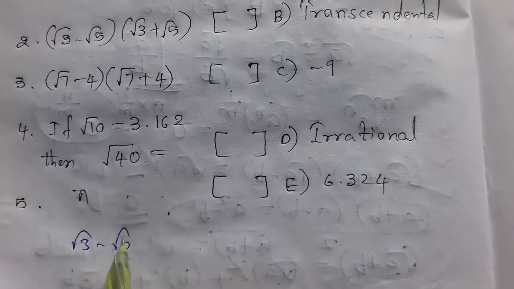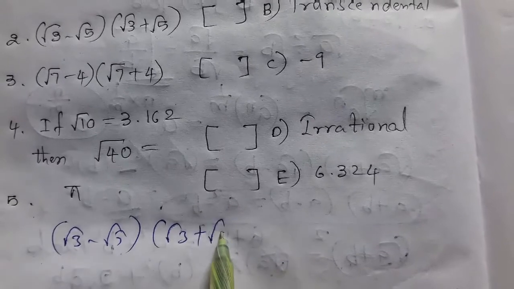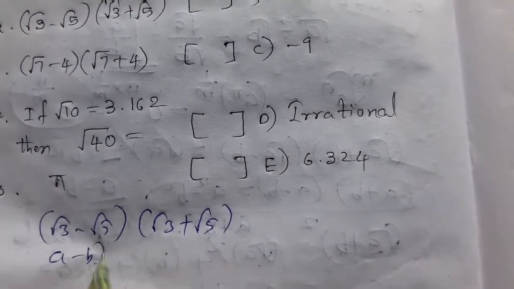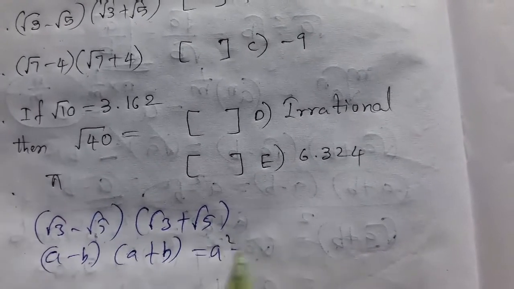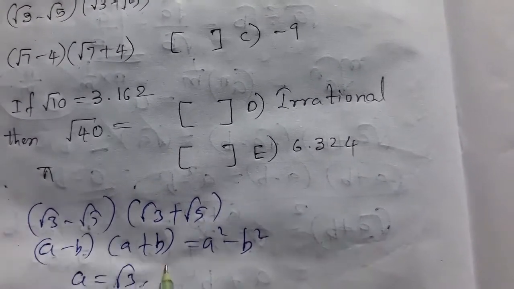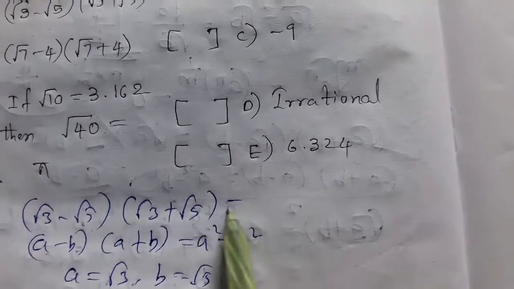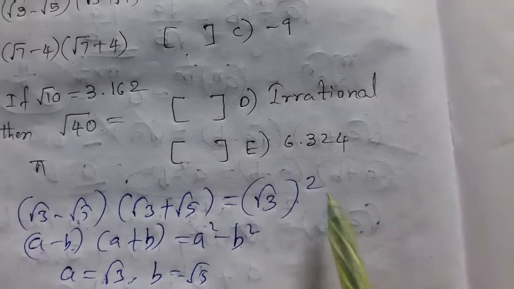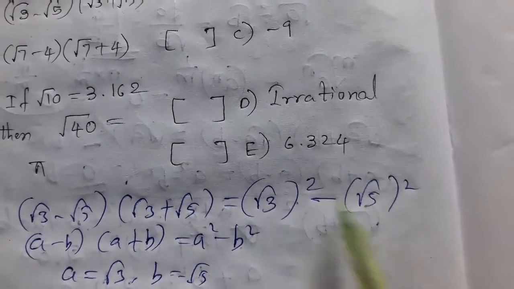Root 3 minus root 5 into root 3 plus root 5. Here a minus b into a plus b equals a square minus b square. Here a is root 3 and b is root 5. So root 3 whole square minus root 5 whole square.